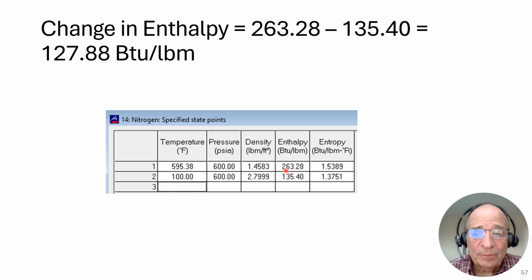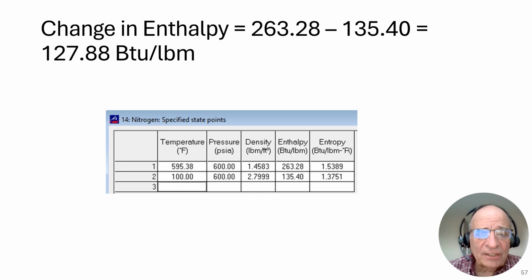And we can see an enthalpy here of 263.28 BTU per pound mass. That means for every pound mass of nitrogen that goes through there, the enthalpy is 263.28 BTUs per pound mass.